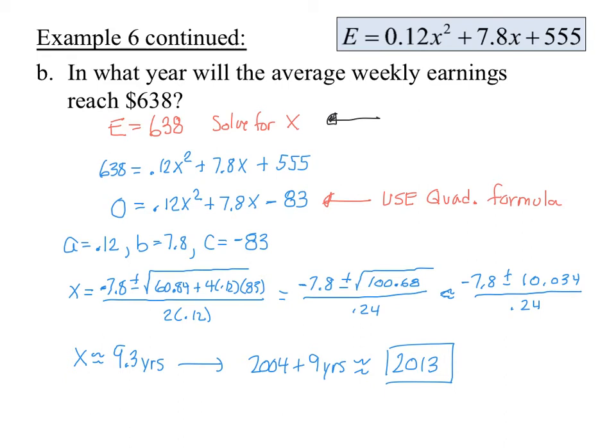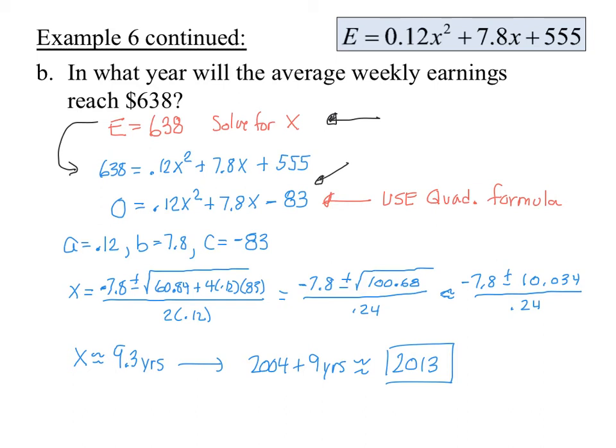So when we put that into our equation, we get 638 is equal to 0.12x squared plus 7.8x plus 555. Again, we use the zero formula to get it into a quadratic form. So we get 0.12x squared plus 7.8x minus 83, that's all equal to 0.